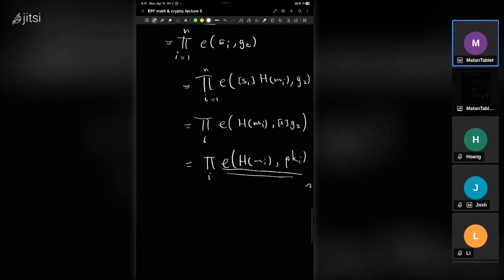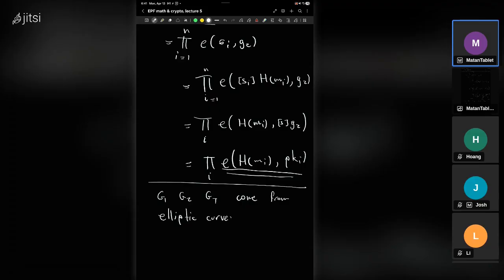And this is supposed to be a motivation for the rest of this talk, because these G1, G2, and GT come from elliptic curves, which I will abbreviate as EC. So what is an elliptic curve? These groups, of course, with the pairing.